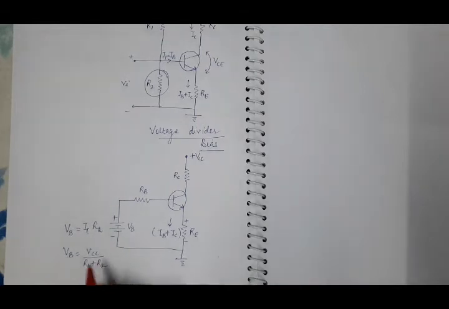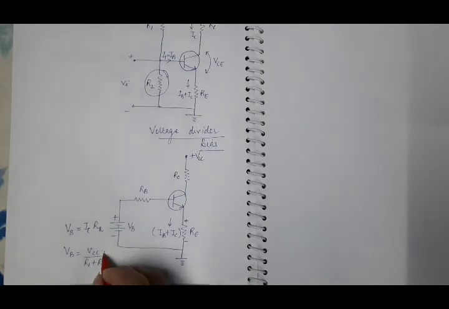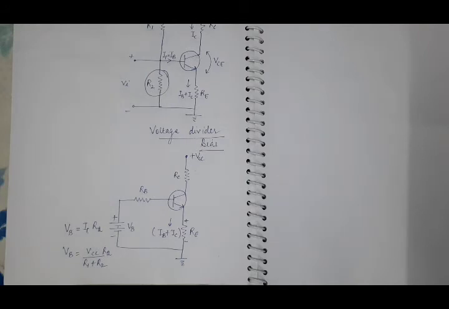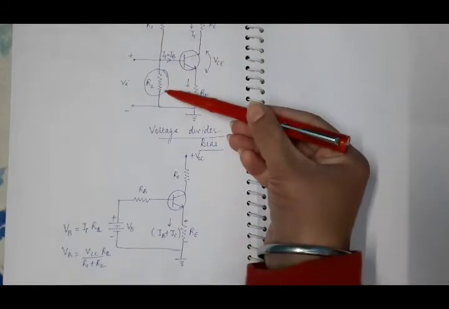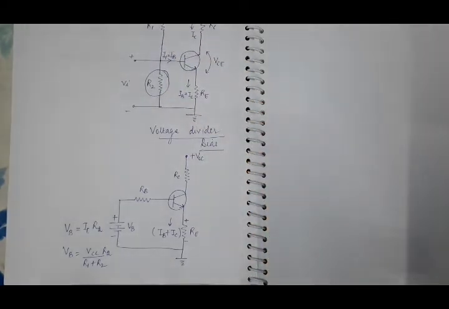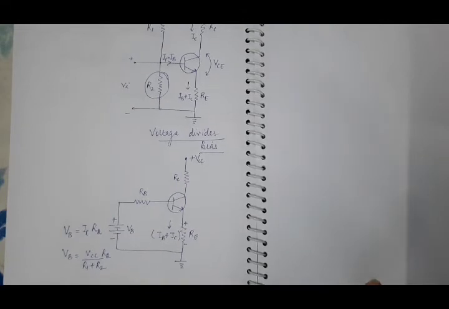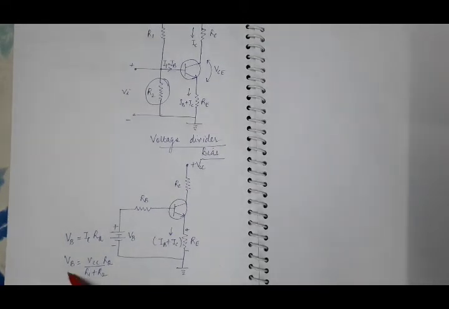So VB will be VCC upon R1 plus R2 into R2. It means the voltage across this base terminal VB depends upon the value of R1 and R2. So by adjusting the values of these two resistances R1 and R2 in the voltage divider network, you can change or adjust the value of base voltage.